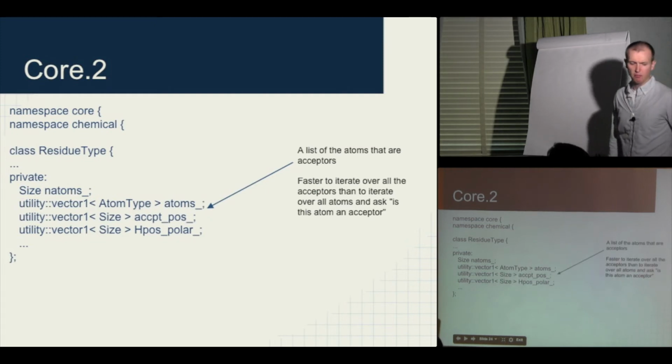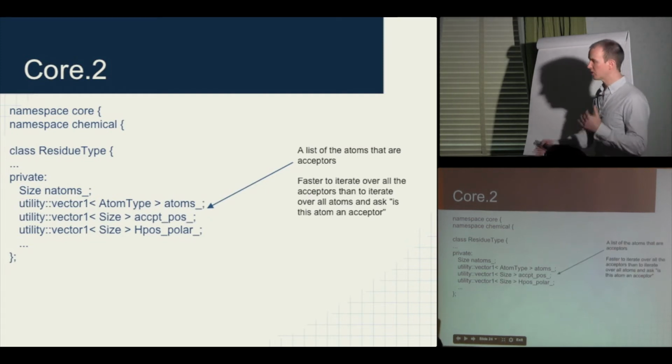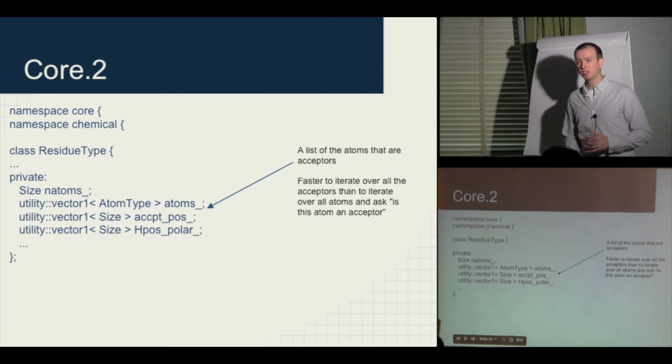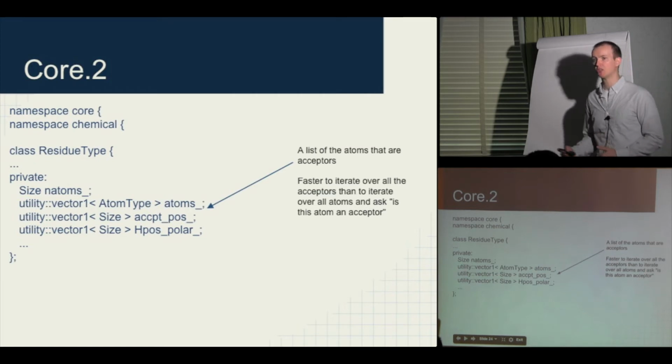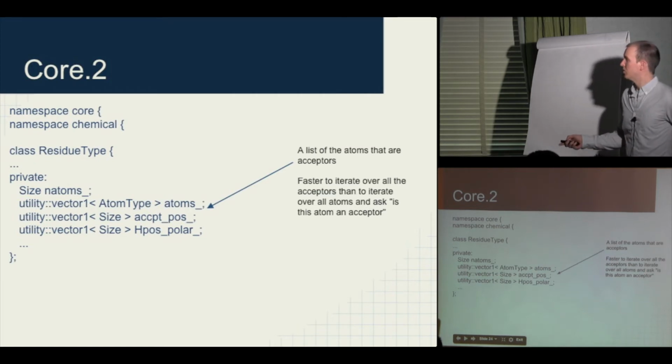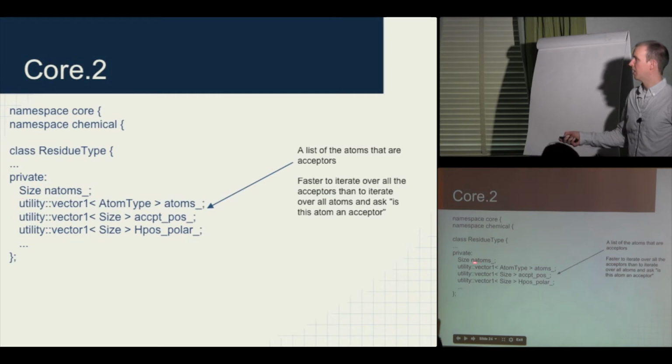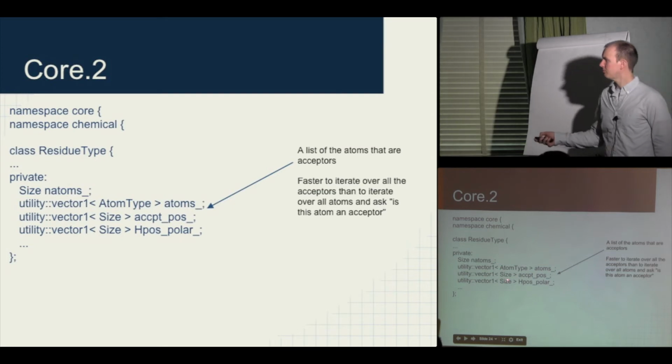Okay, so I'm just going to tell you a few other things. Residue type is actually a fairly large data structure, but I'm going to tell you about a few of the properties that it has to help describe the abstract information about a residue. I've already told you that it has a set of atoms, and that for each atom, there's information stored in this atom type class.